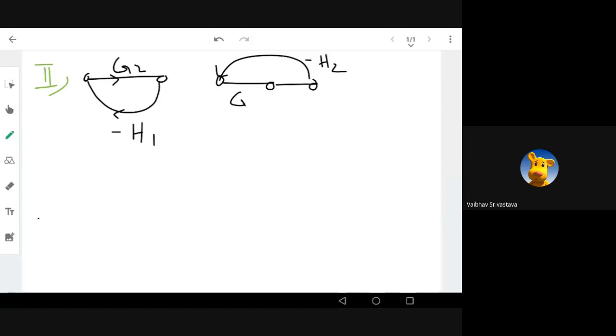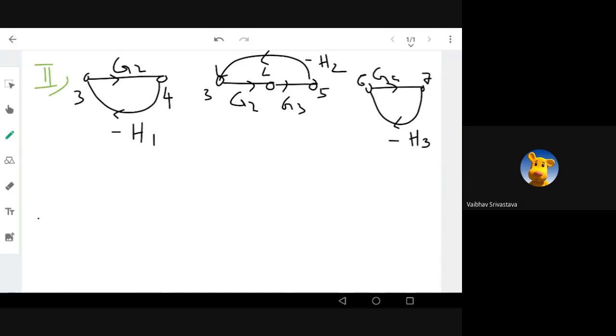G2, G3. The arrow should be like this. Sorry, I'm just making some mistakes. And the third loop is from the sixth node to the seventh node. G5 is the gain, and the feedback gain is minus H3. So this is the third node, fourth node, and this is again the third node and fifth node, with a fourth node in between.